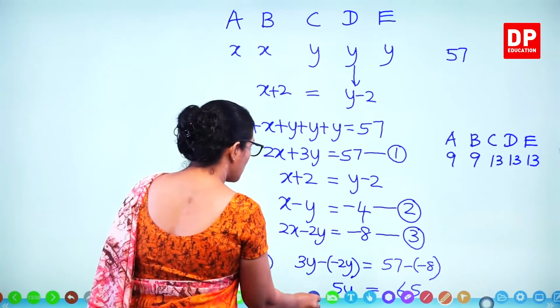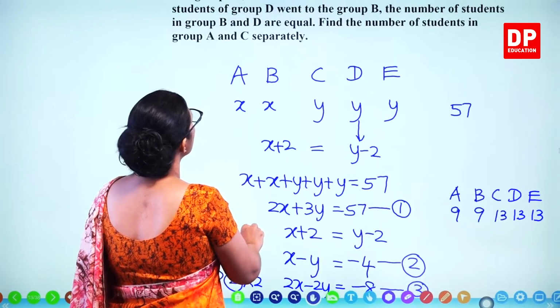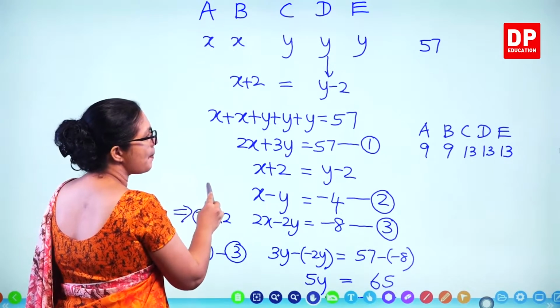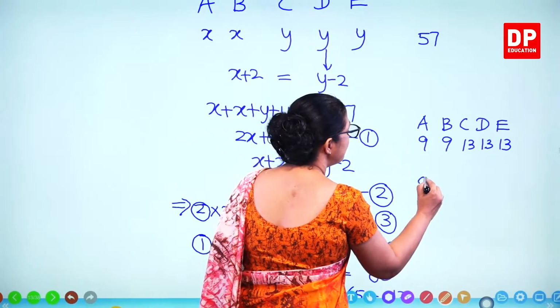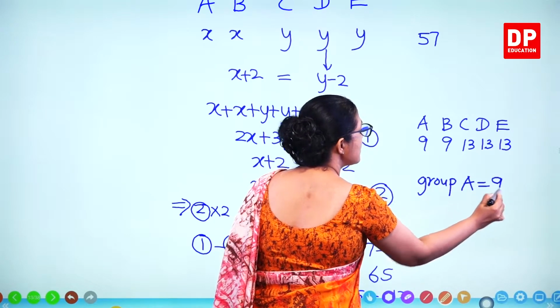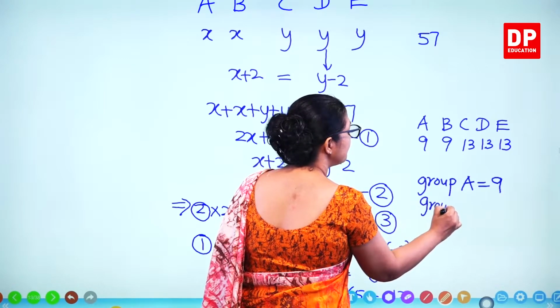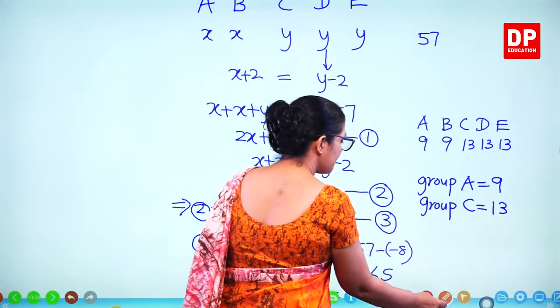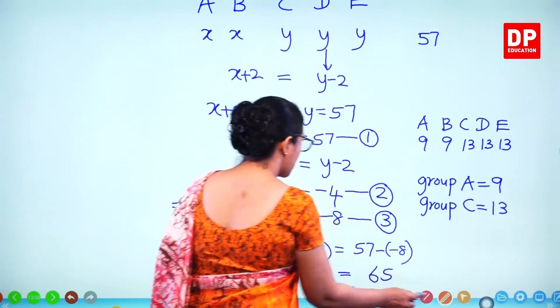So what is the question now? Find the number of students in group A and C separately. So group A, that's 9 students. Group C, that's 13 students.